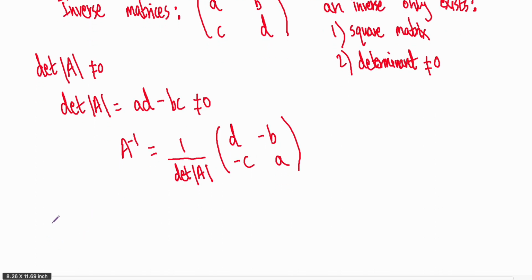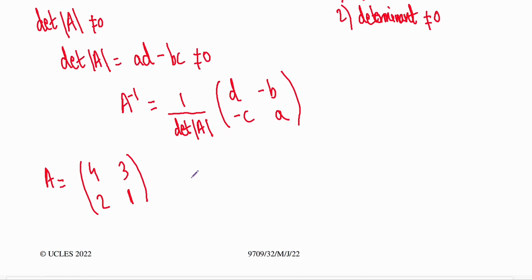So let's say I gave the matrix A is equal to, what should we do? Let's do 4, 3, 2, and 1. So let's say that's our matrix, and we want to find A inverse. How do we find A inverse? So A inverse is equal to 1 divided by the determinant of A. What's the determinant of A?